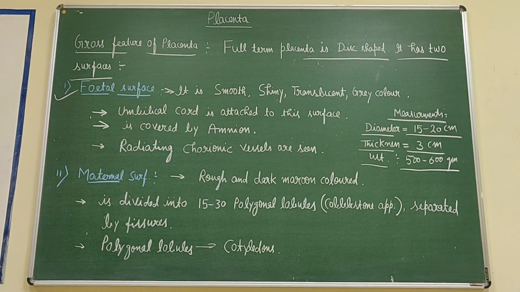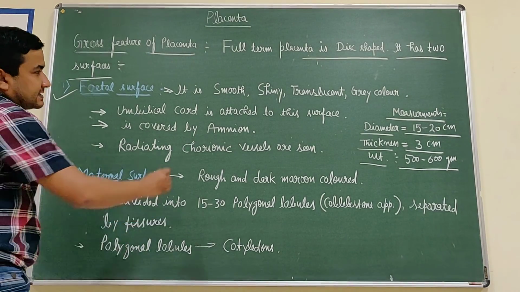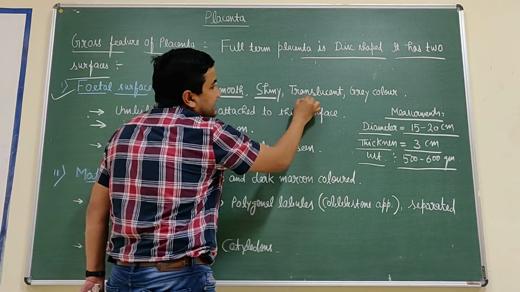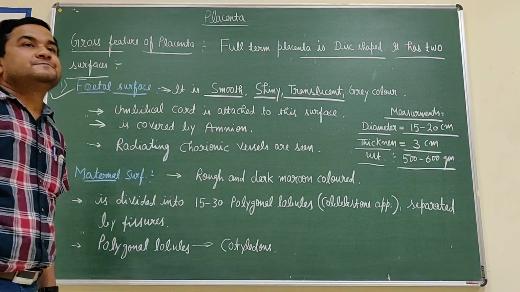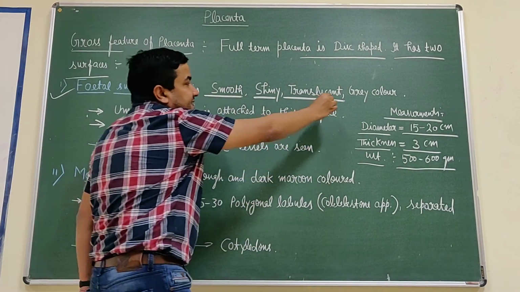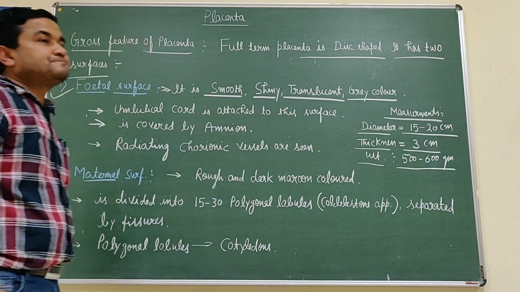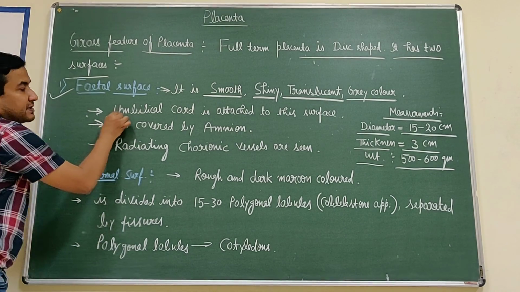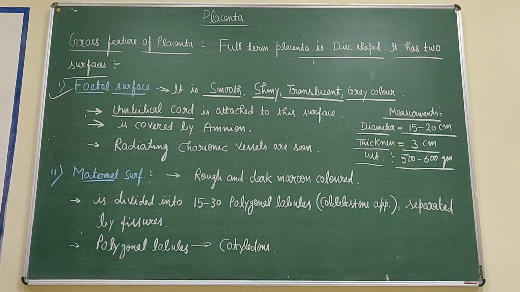Now, if you see the fetal surface, what is the characteristic feature of the fetal surface? First, this surface is smooth, shiny, translucent, and it is grey in color. Now, the identifying feature of this fetal surface is attachment of the umbilical cord.